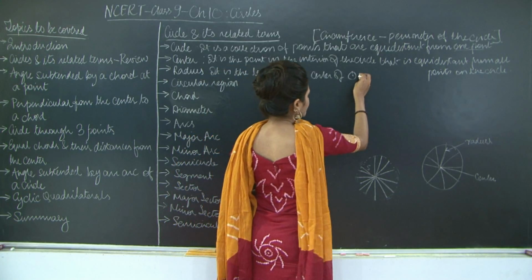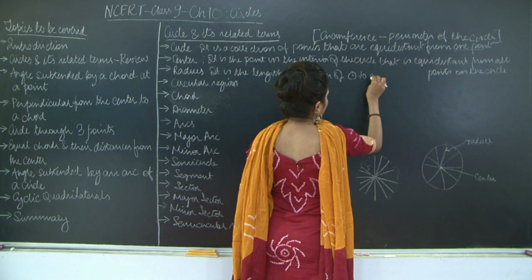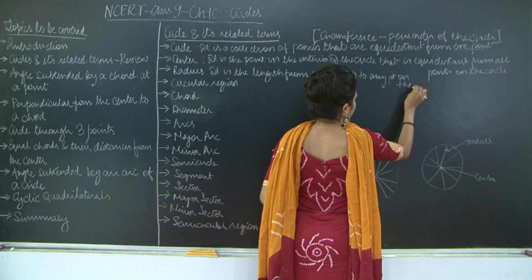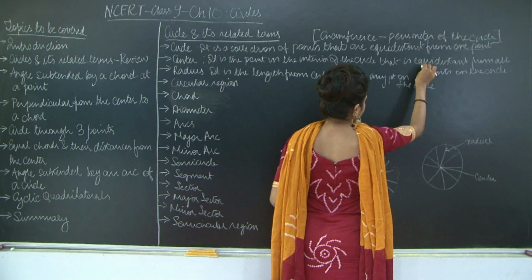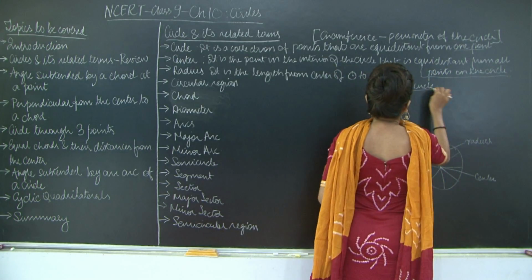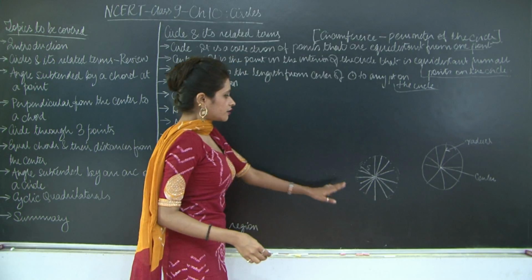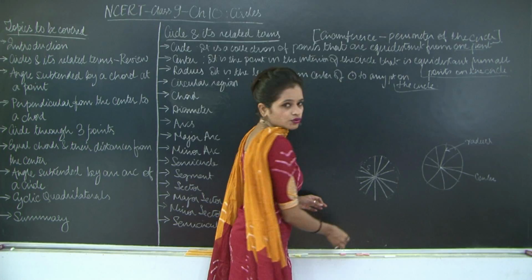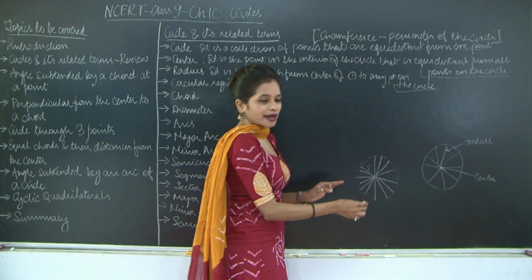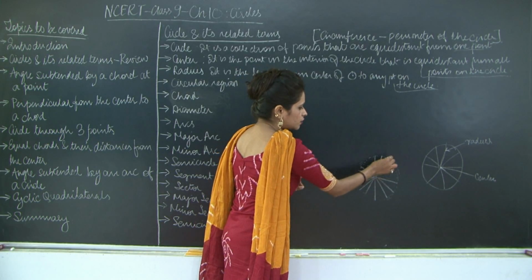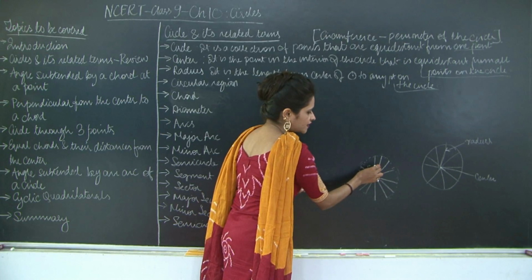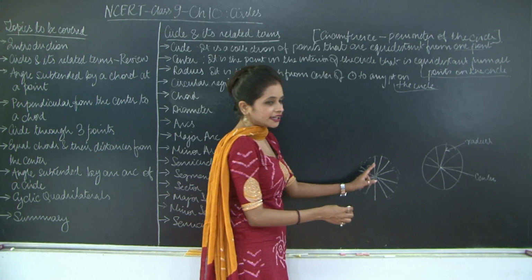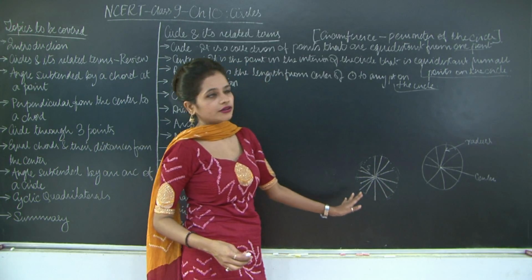So from the center of a circle to any point on the circle. Right? Now the radius will always be equal. For any given circle, the length of each radius is going to be equal, as I mentioned over here. Why? Because see, all these points are equidistant, right? That means if this is 5, this is 5, this is 5, all these are 5, each of 5 units. Therefore, each radii is going to be equal to each other.